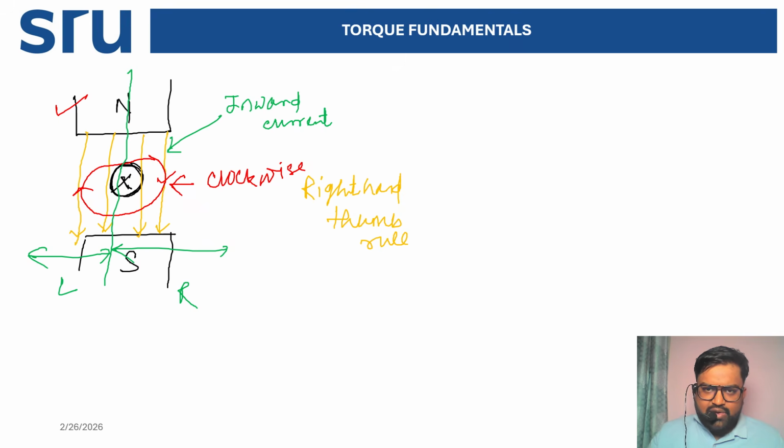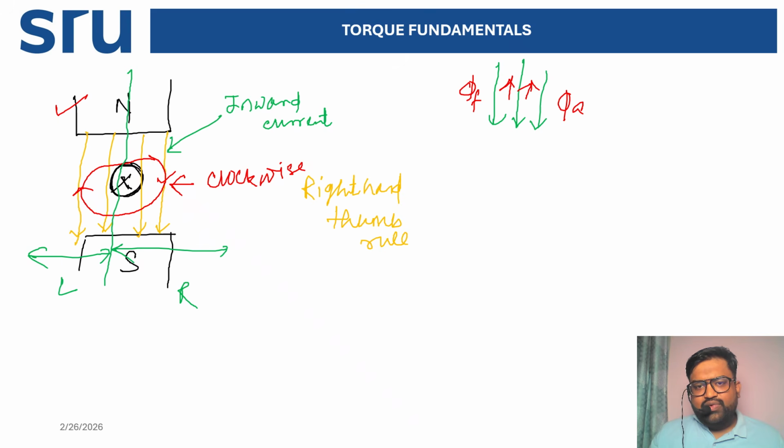The magnetic lines of the main field come downward, and the armature flux is upward. Let's call the field flux phi F and the armature flux phi A. The resultant: both cancel because they are in opposite directions. This is on the left hand side.